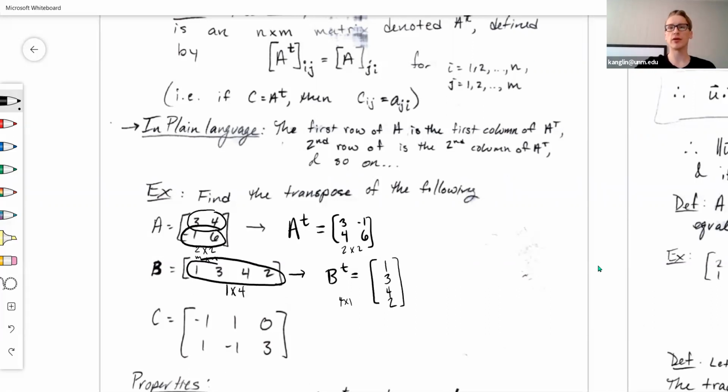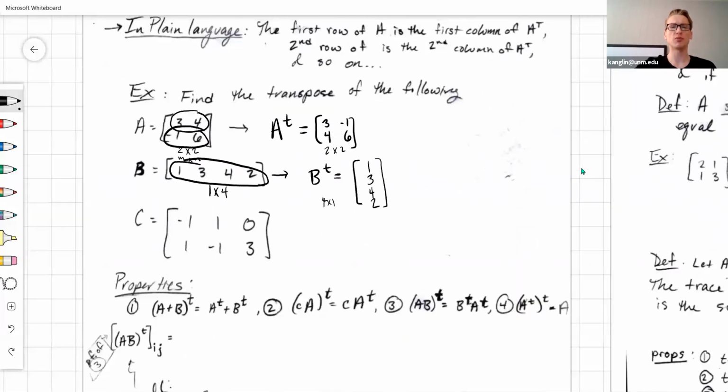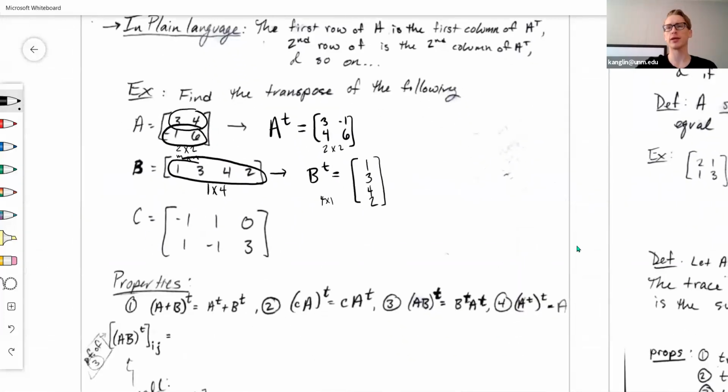Let's move on to the last one here. Maybe you pause briefly and try this one on your own. I don't think it's any big challenge, but go ahead and write down C transpose. Pause the video and try that if you'd like. I'm going to go ahead and write it down now. C is a 2 by 3 matrix, so we know C transpose is going to be a 3 by 2, just swapping those.